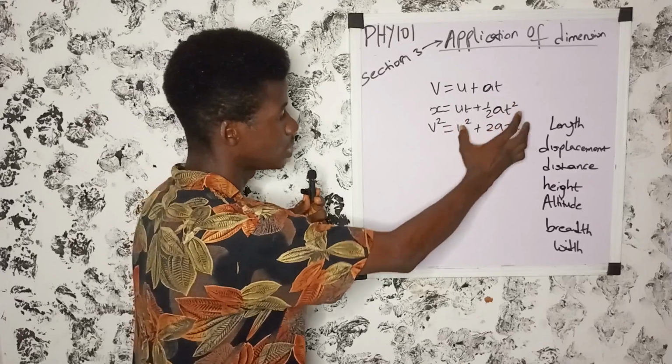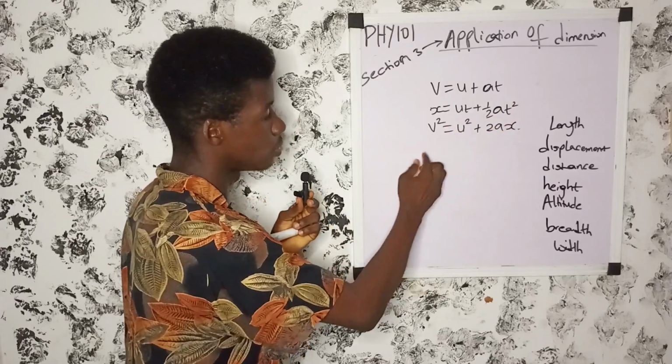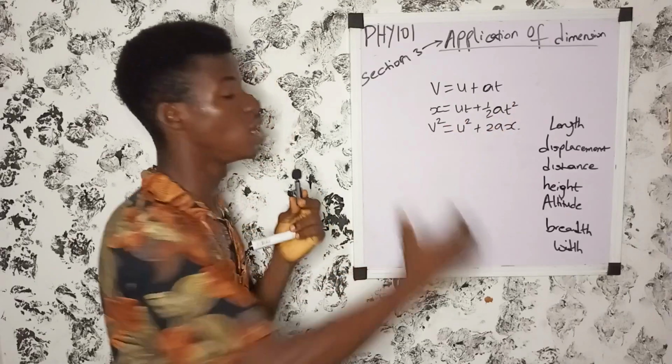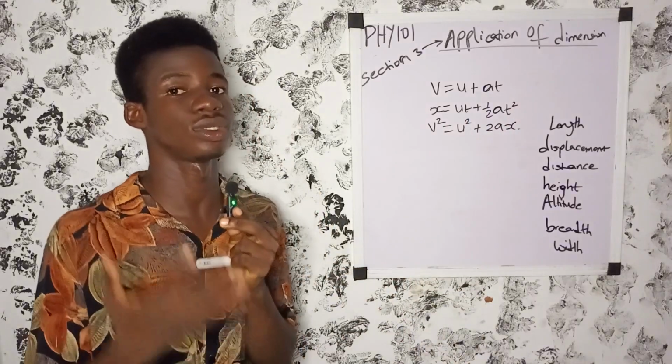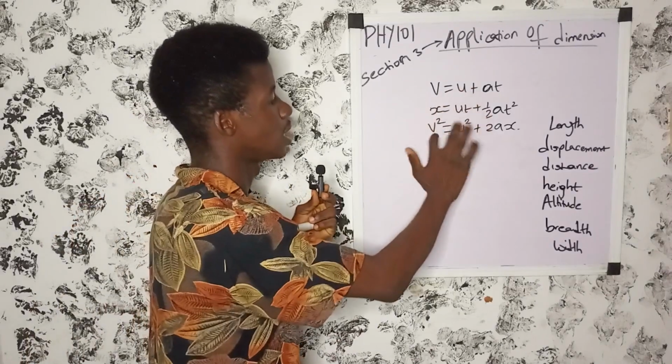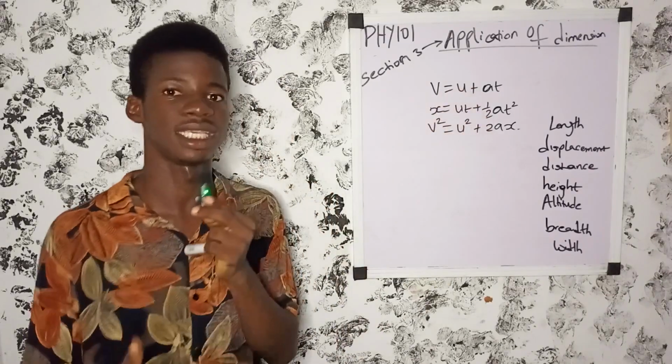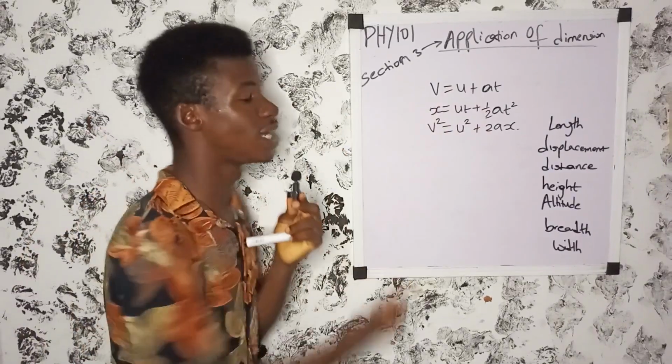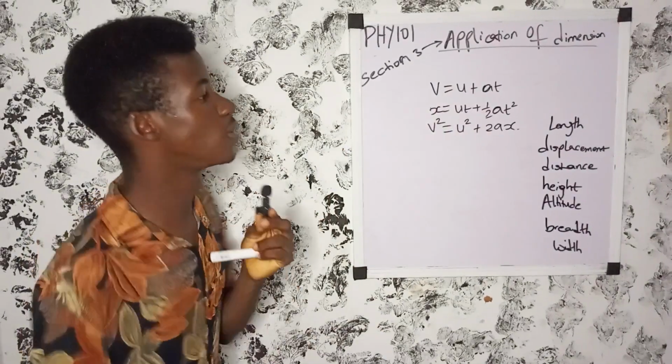When the total dimension on this side is the same as the dimension on this side, you will know that the equation is correct. But if these two parts are not the same dimensionally, you will know that the equation is not correct.